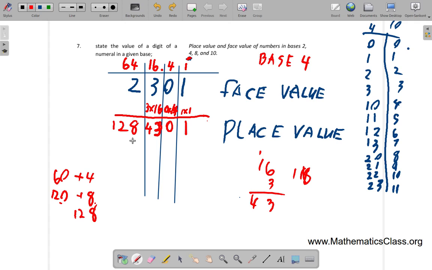The face value is just 2, but the place value is 2 sixty-fours, which is 128. So that is the face value and place value of a base 4 number. Next time we will look at the place value and face value of a base 8 number.